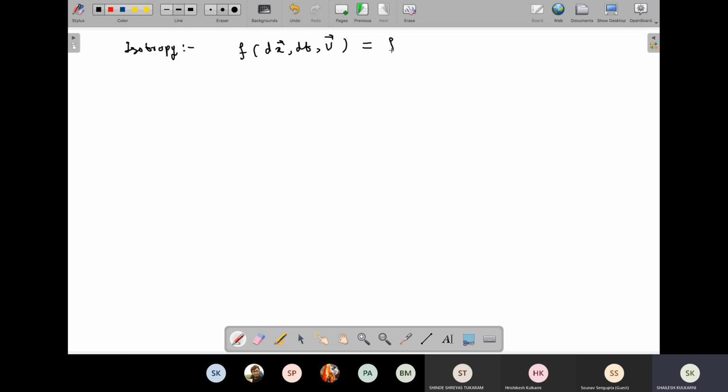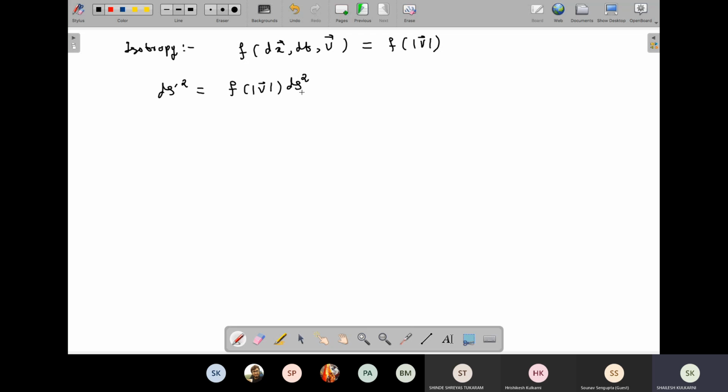must be of the following form only: magnitude of velocity. So at max your ds prime square must be equal to f of vector v times ds square. Now it satisfies all the criteria.